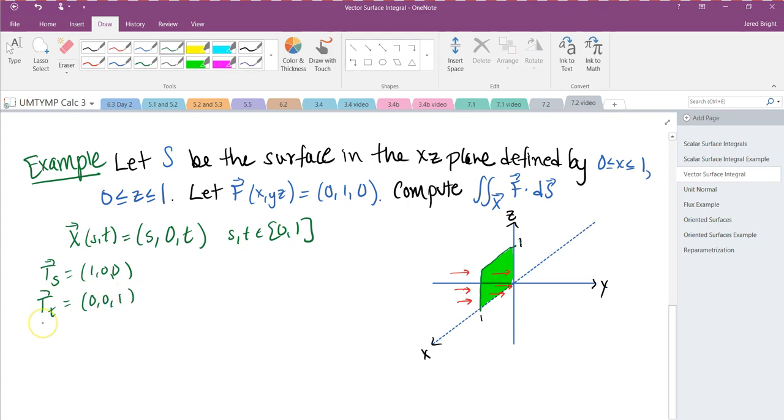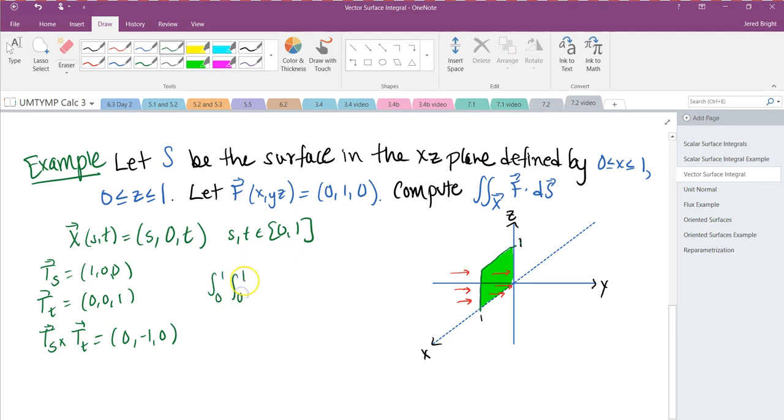Then I just need to cross them; I don't need their length for the vector surface integral. So when I cross them, T_s cross T_t, you can double check me on this, but we should get (0, -1, 0).